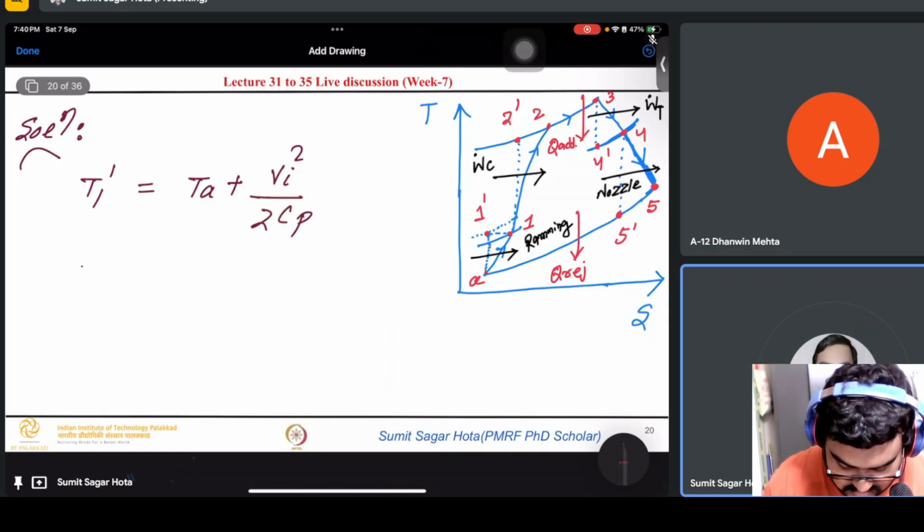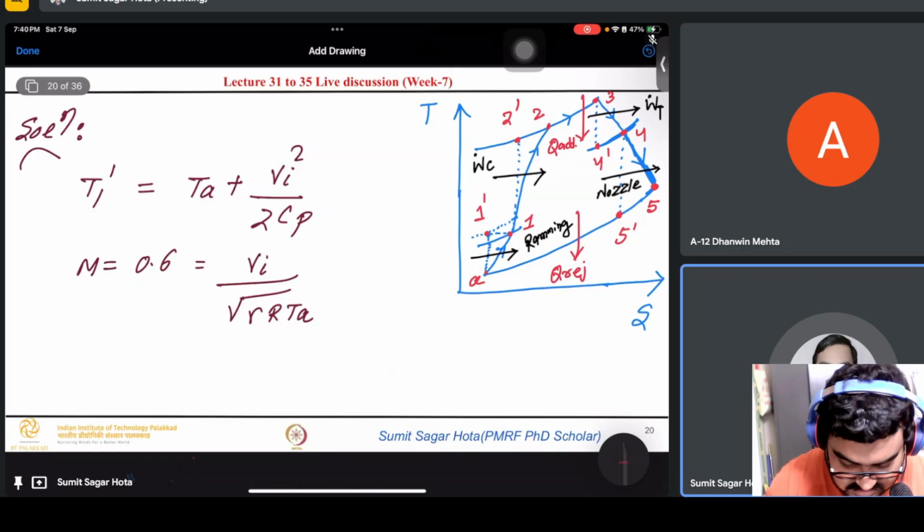We know the Mach number, 0.6, which is equal to Vi divided by the square root of gamma R into T ambient. From here we can calculate Vi, because all the other things are given.